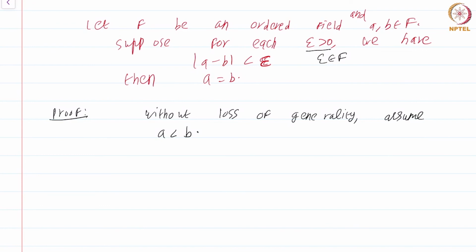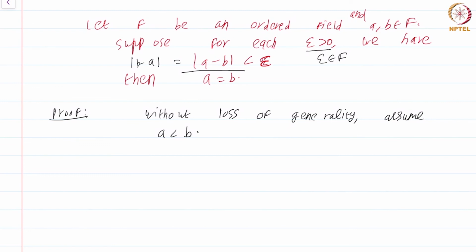Because at the end of the day, a and b are just symbols. If I can show that when a is less than b, the result is true, obviously the same has got to be true when b is less than a, because the final result does not give any priority to the role of a or to the role of b. The way it is written, you have a feeling that a and b indeed have asymmetric roles, but that's not the case, because modulus of a minus b is the same as modulus of b minus a.